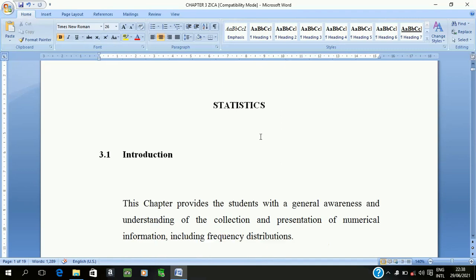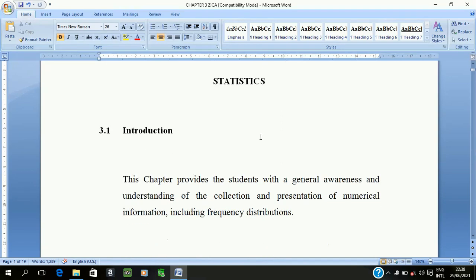This chapter will specifically deal with the general awareness and understanding of the collection and presentation of numerical data or information, including frequency distributions. We are also going to tackle a bit of data analysis, that is the measures of centrality: the mean, mode, and median.